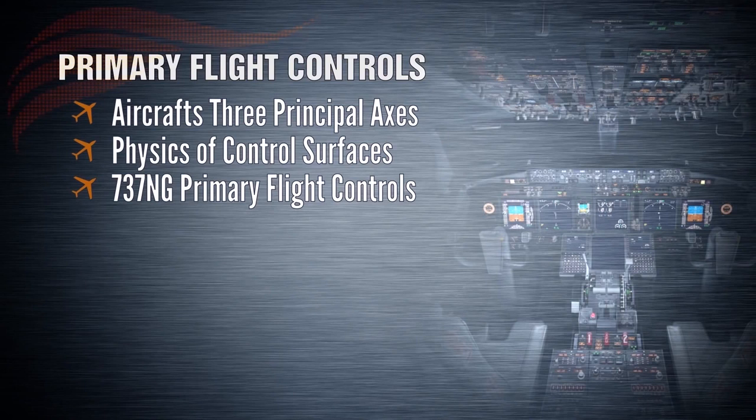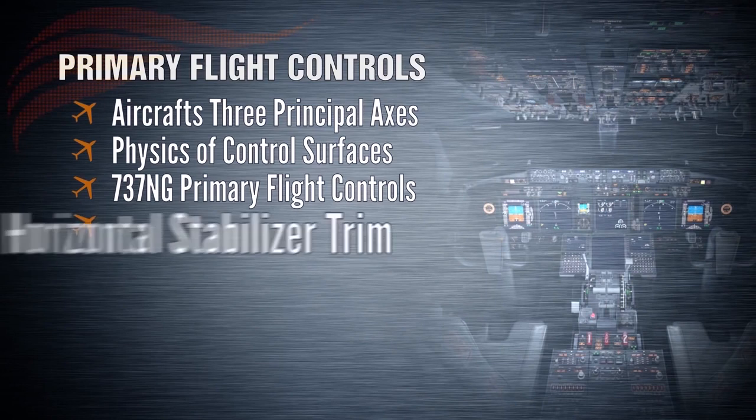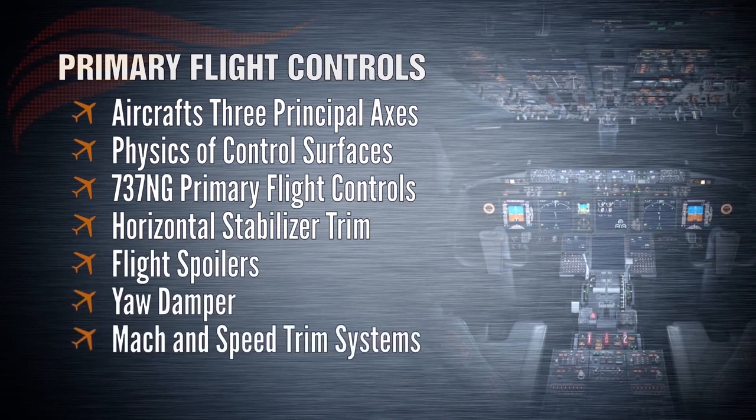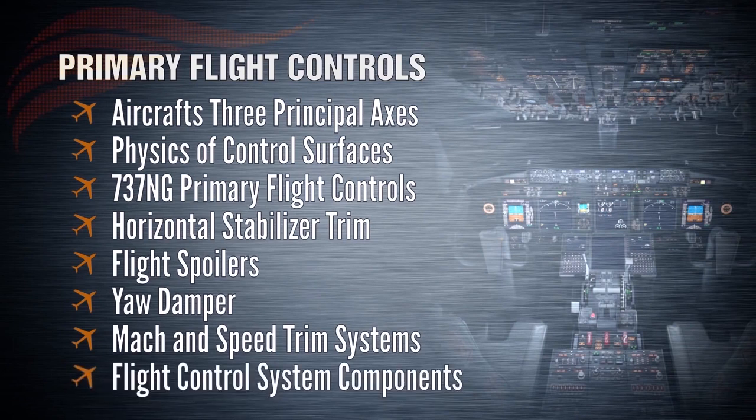We'll also be discussing their relationship with the hydraulic systems and the standby hydraulic system, horizontal stabilizer trim, flight spoilers and yaw damper, Mach trim system and speed trim system, 737 NG flight controls system components, and a lesson summary.